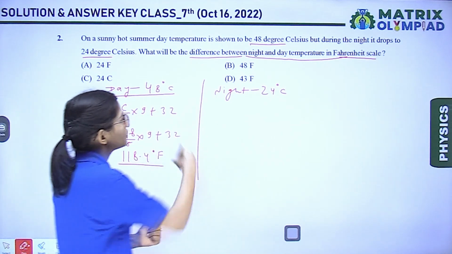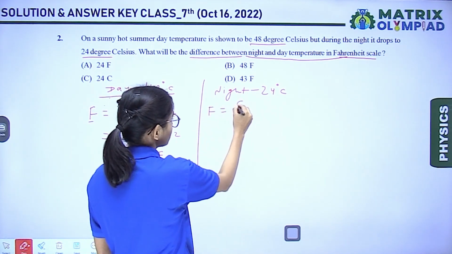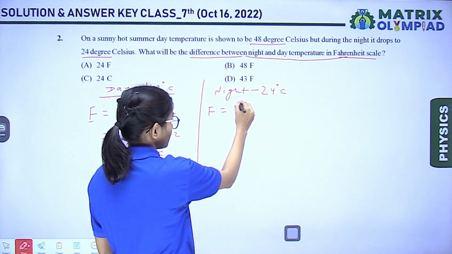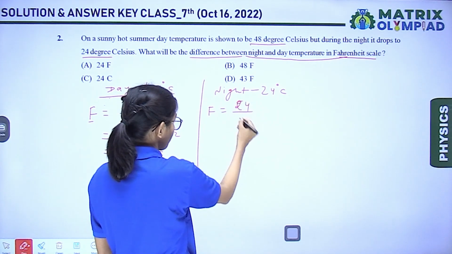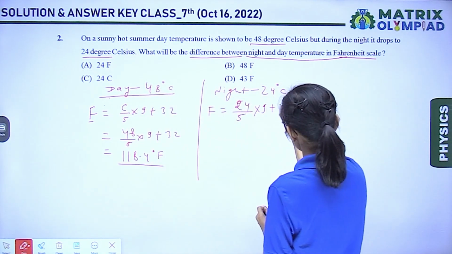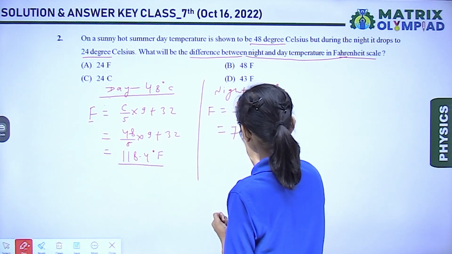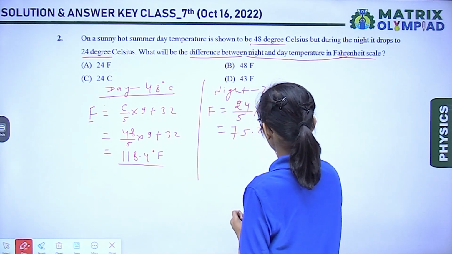Now convert the night value to Fahrenheit. F is equal to C upon 5 into 9 plus 32, with C being 24, and if we solve this, we get 75.2 degrees Fahrenheit.